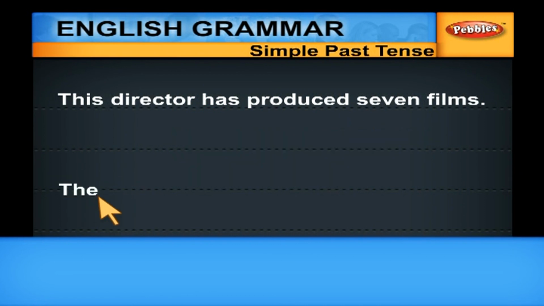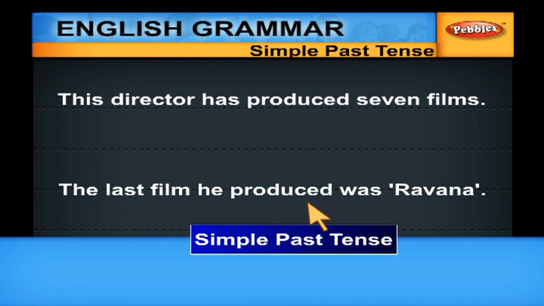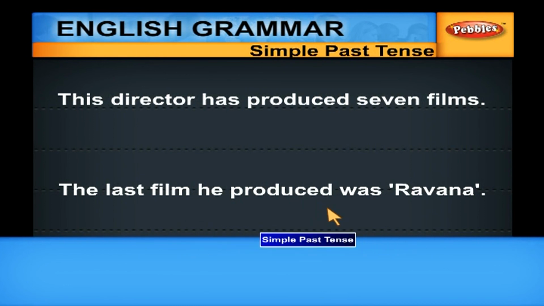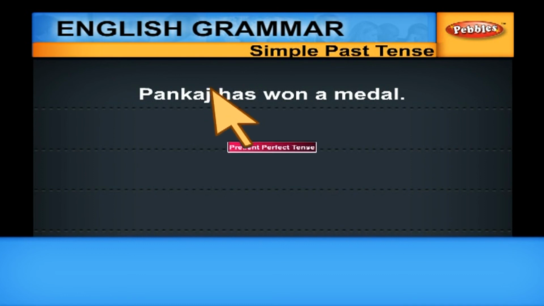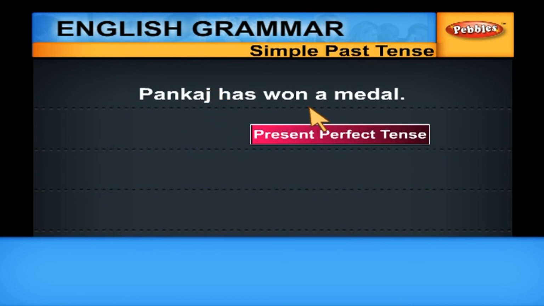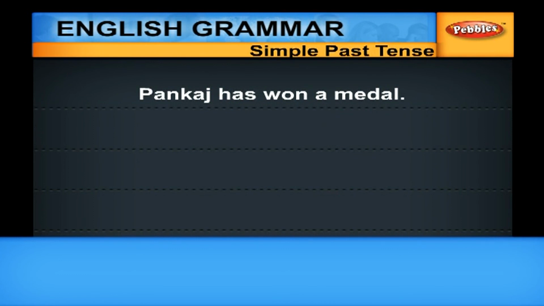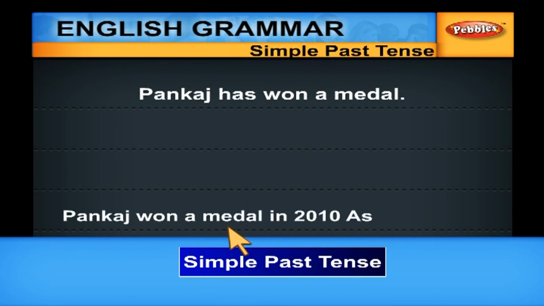The last film he produced was Ravana, which is in simple past tense. Don't you think so? You can say that Pankaj has won a medal. This is in present perfect tense. If we specify the time, then it should be in simple past. Pankaj won a medal in 2010 Asian Games.